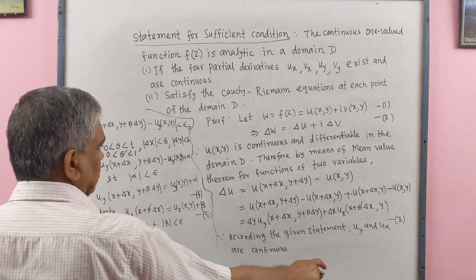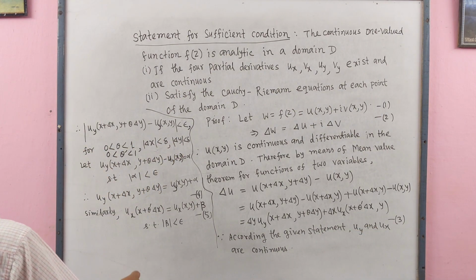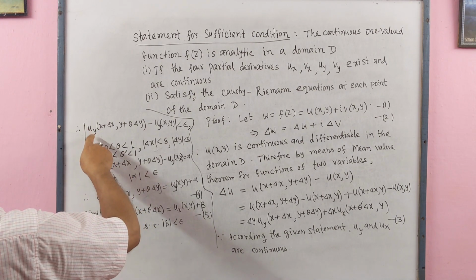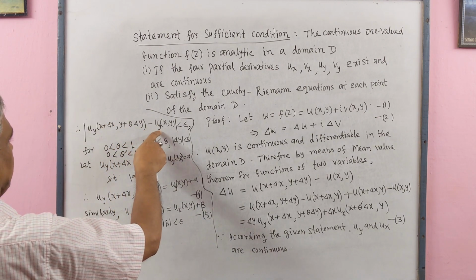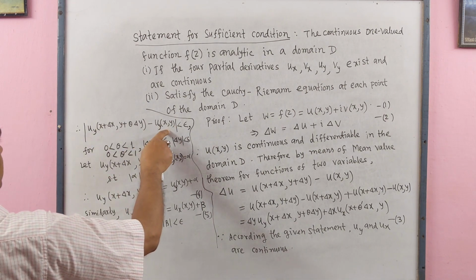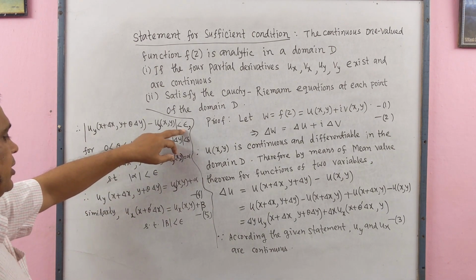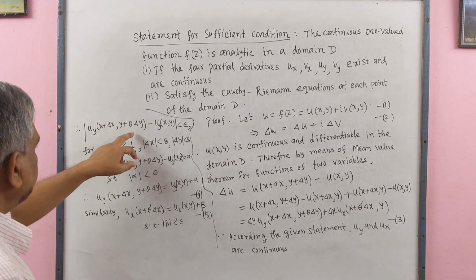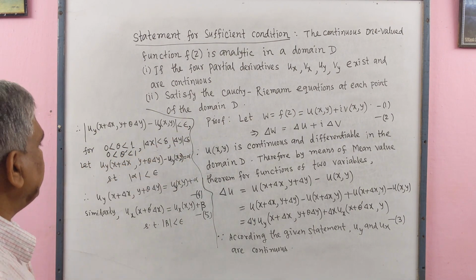Now, since uy and ux are continuous, by the property of continuity, uy(x plus delta x, y plus theta delta y) minus uy(x, y), where the value of x is changed and the value of y is also changed, is less than epsilon, as uy is continuous, taking modulus of delta x less than delta and modulus of delta y less than delta.